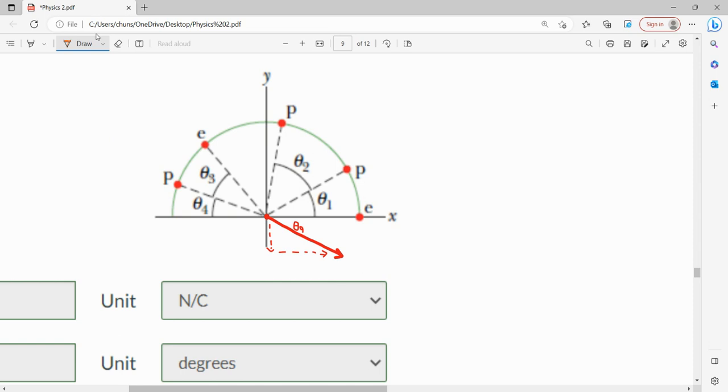Next, we have an electron, so that means we are going to experience an attractive force with a positive y component and a negative x component, where this angle is the same as this angle here.